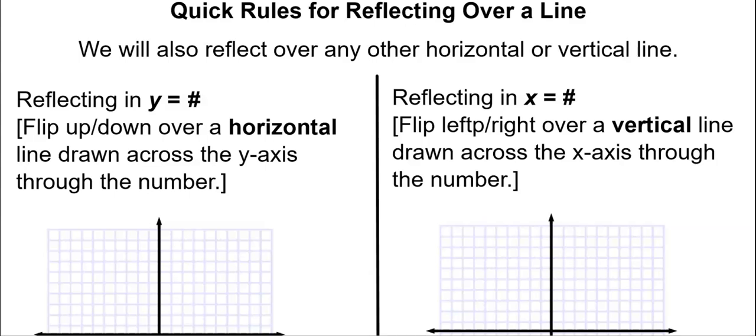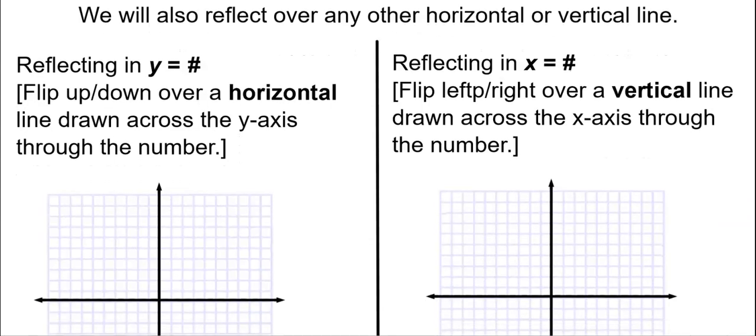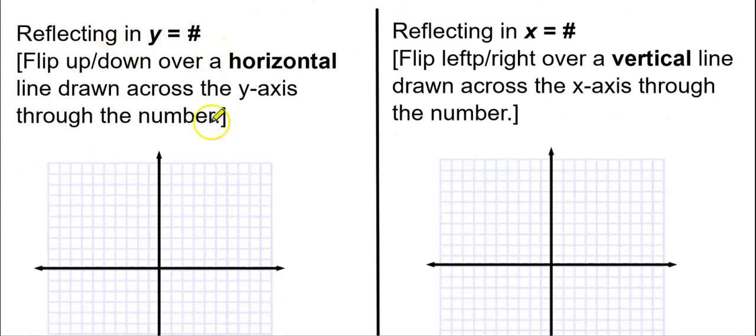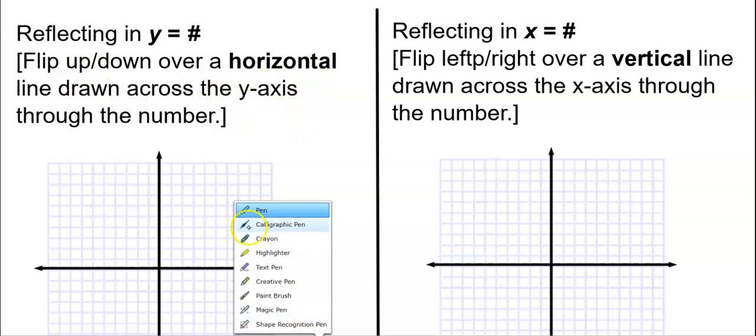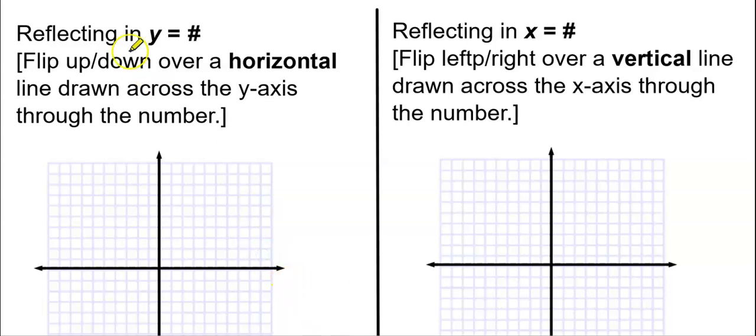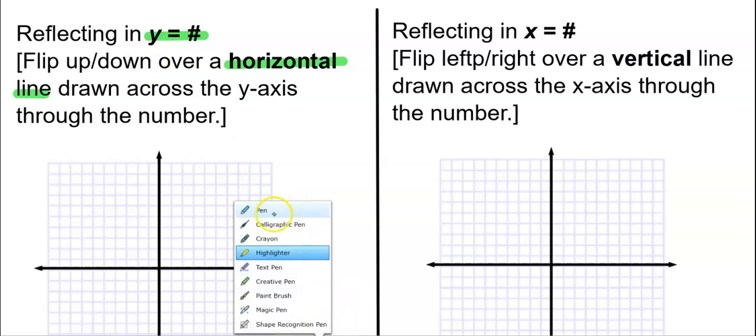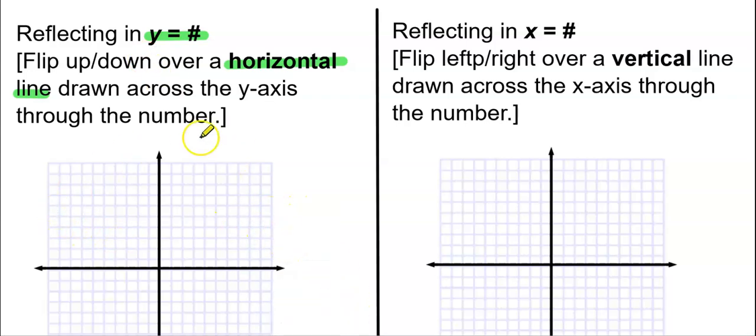Now, quick rule, what if I don't give you the horizontal or the vertical axis? If I give you a reflection and y equals a number, we're going to flip over a horizontal line. So I'm just going to show you here real quick.